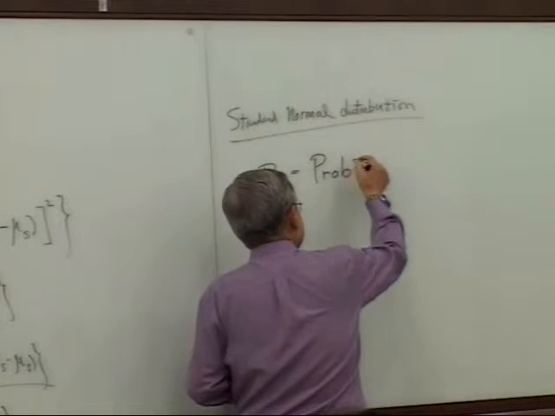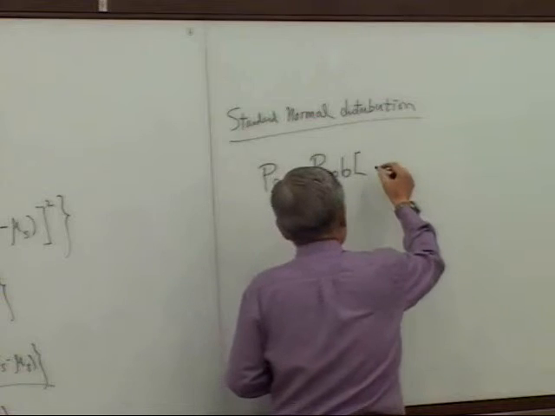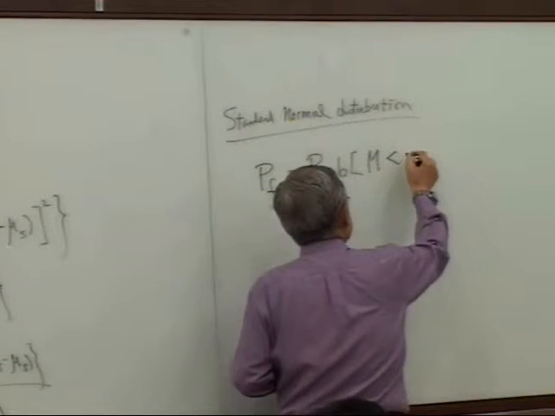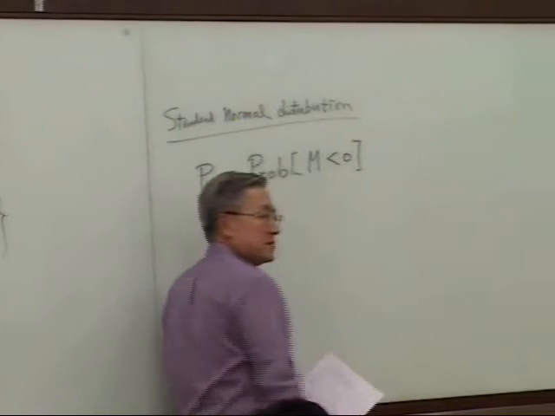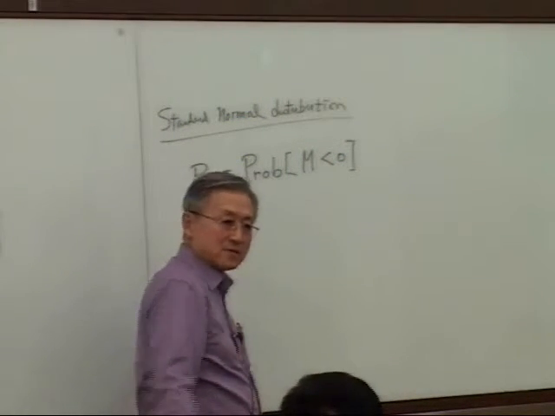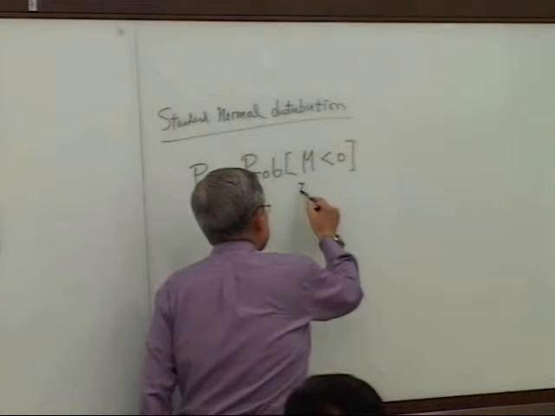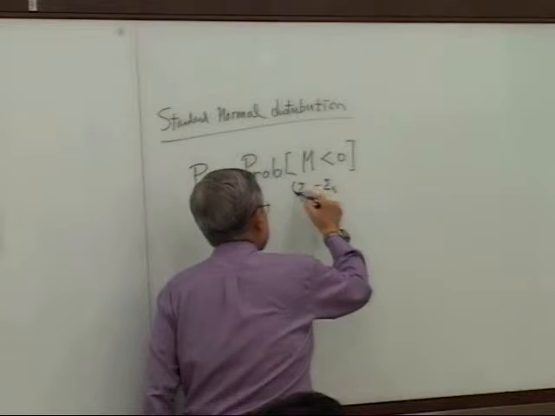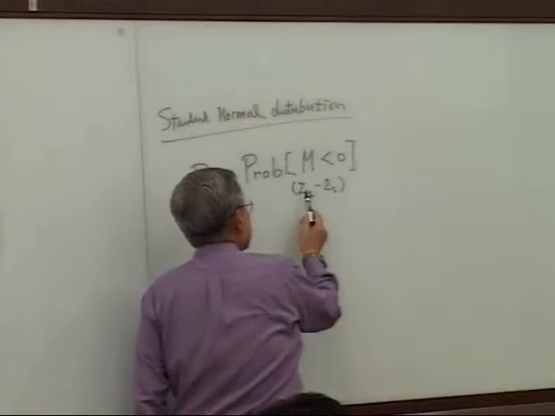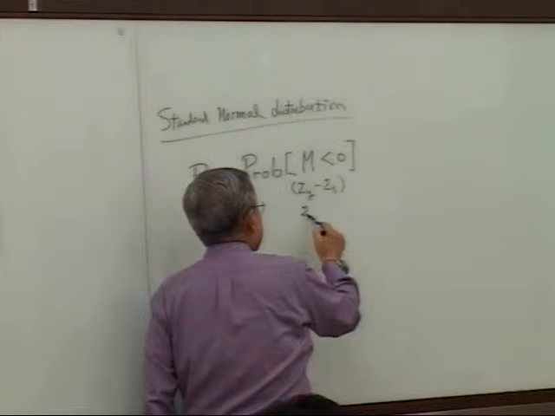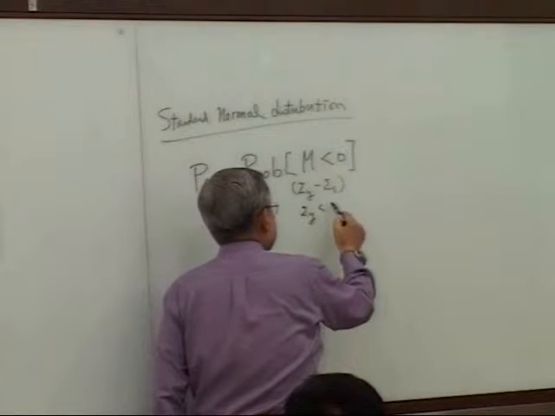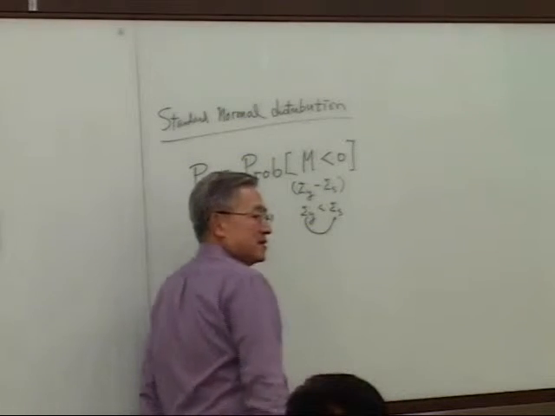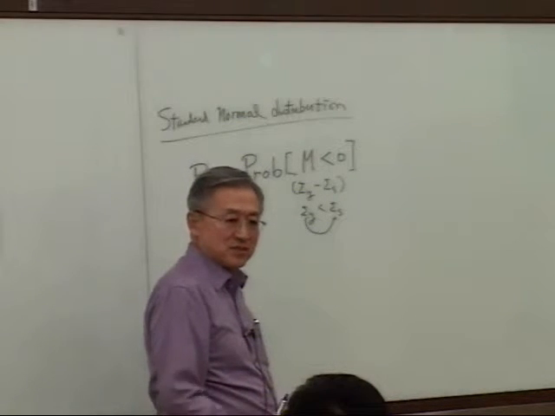I wrote this at least, I feel, two to three times. Can I do that? Yes. And this guy is sigma y minus sigma s. When this guy is less than that guy, that's a failure. Easy to remember.